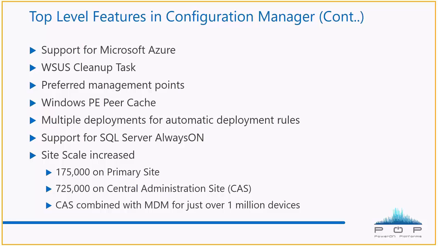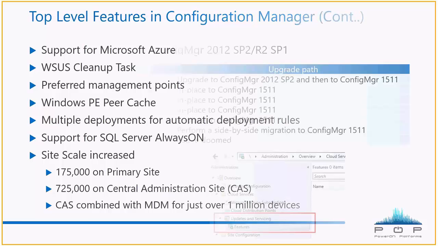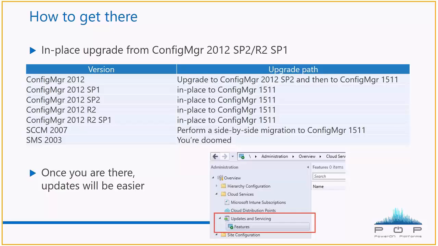So how do we actually get to this new version? The good news is, for those people that have been keeping their infrastructures up to date, who have the latest service packs on, it's an in-place upgrade. If you're as far back as just the bare raw version of Config Manager 2012, the RTM version, released to manufacturing, then it will be a service pack upgrade first, and then you can in-place upgrade to Config Manager 1511.